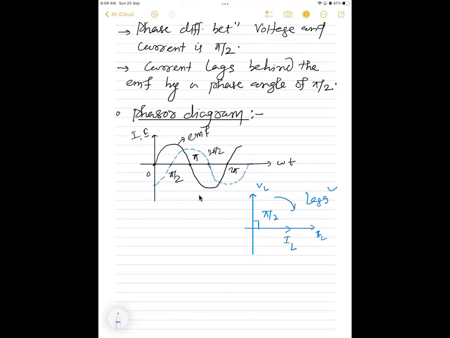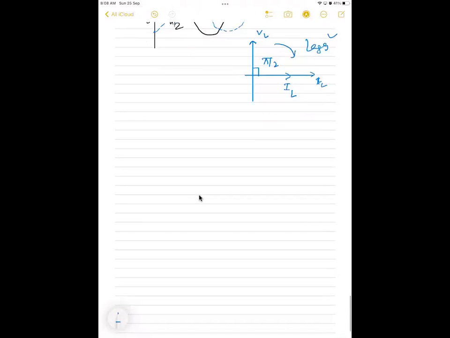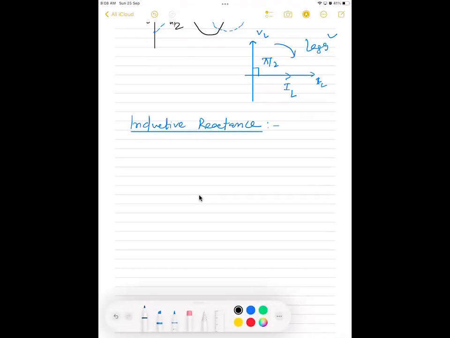Okay. Next, let's know a little bit about inductive reactance, right? Inductive reactance means the opposition offered by inductor to the flow of AC, right? Inductive reactance का मतलब क्या है?